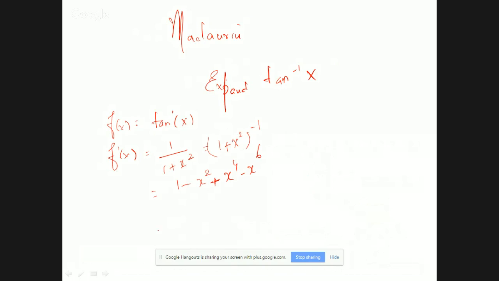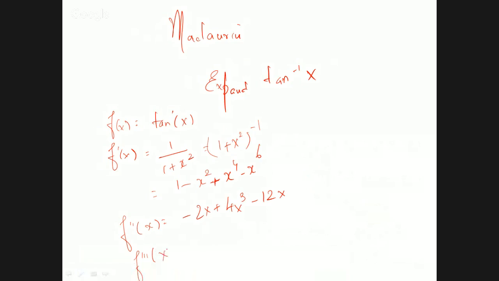Something like that. So f double dash of x we can write as minus 2x plus 4x cube minus 12x. Then f triple dash of x we can write as minus 2 plus 12x square minus 12.